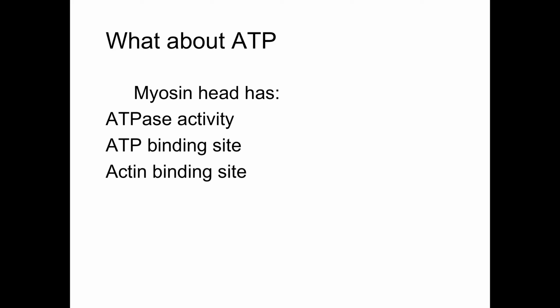If it has ATPase activity, it's going to bind ATP, so someplace on the myosin head is an ATP binding site. It also acts, obviously, to bind to actin, so someplace on the myosin head is also an actin binding site, and that's how actin and myosin get together and a strong cross-bridge formation occurs. So list 3 functions of the myosin head: ATPase activity, an ATP binding site, and an actin binding site.